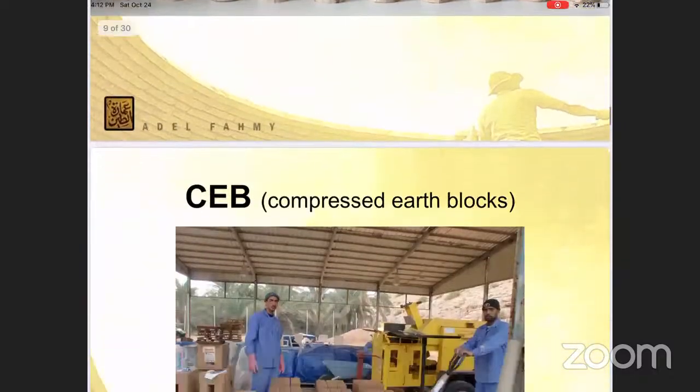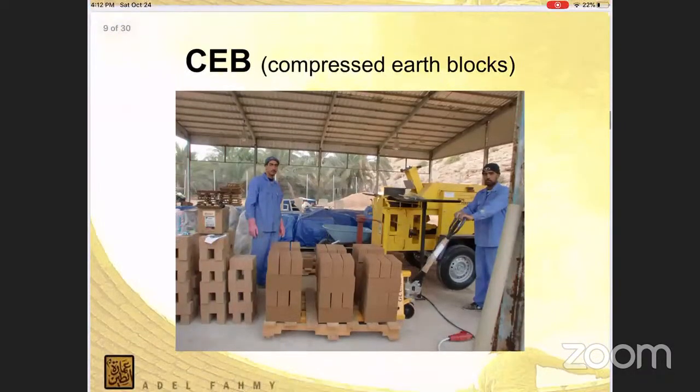And then we started to produce one of the best improved ways to use clay, the compressed earth blocks. Very simple. We choose the proper soil and we mix it with the stabilizer. We never use cement. We use lime as a stabilizer.